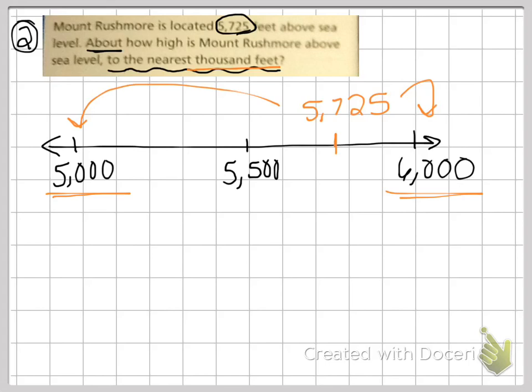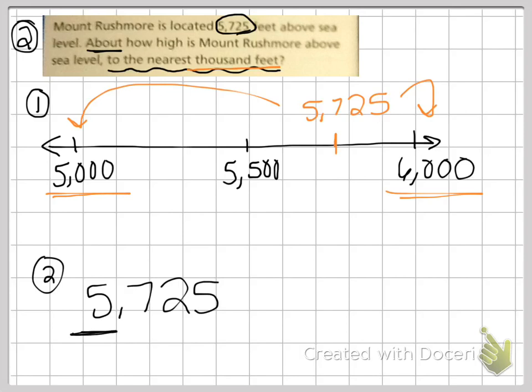The second way that I'm going to show you is by writing the exact number. So let's say this is one way, this is the second way, 5,725. And if you remember doing this, we underline the place value that we're looking at, which is the thousands place here, and we're looking to the digit to the right of that, which is the 7 in this case. 5 or above, give it a shove. 4 or below, let it go.